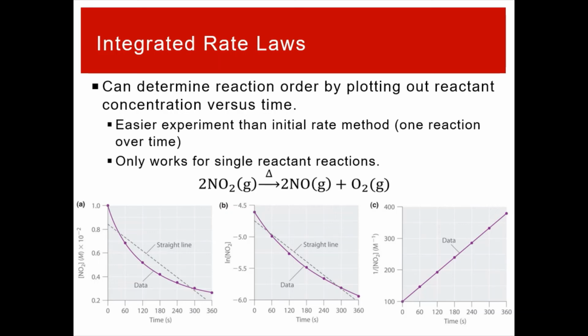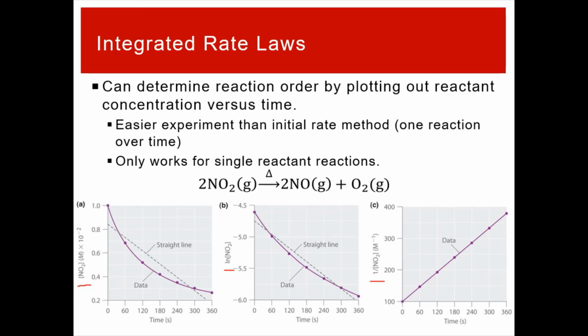What I can do then is relate that to, or do some transformations of that concentration data and see what makes it straight. So basically I can see, does the concentration of this change with time? How does it change with time? Where can I make it linear? You'll note we've plotted the concentration of N, the natural logarithm of N, and 1 over N. And you plot them versus time.